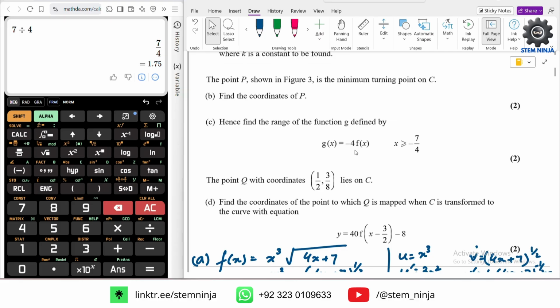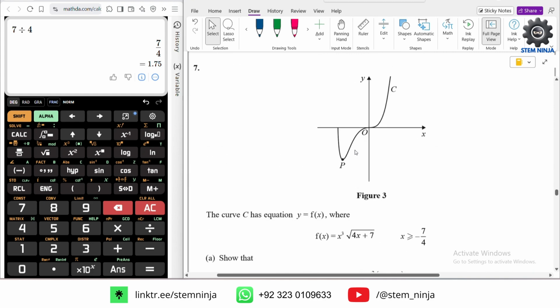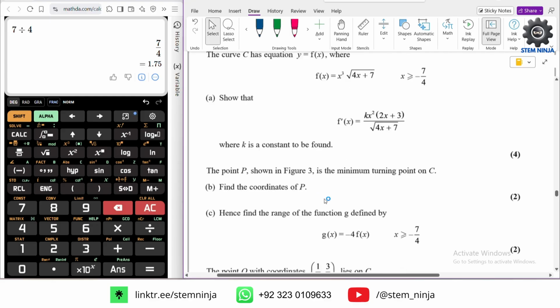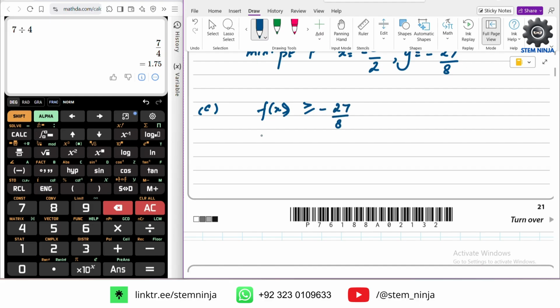Okay, so basically first we need to figure out what's the range of f of x also. So range of f of x is all greater than this, right? So C part, f of x is greater than or equal to minus 27 over 8.